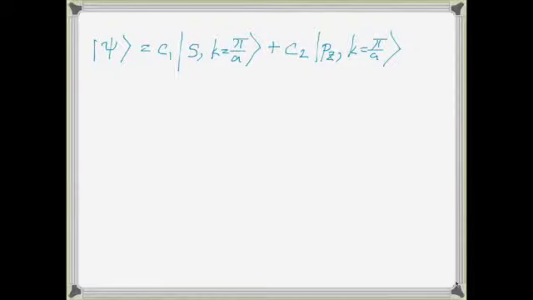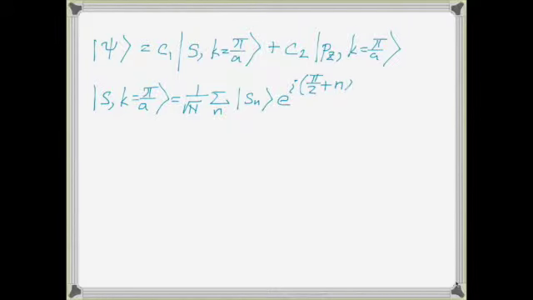And so at X, my orbitals, this is probably all we really needed to look at, k equal to pi over a. The nature of these orbitals is 1 over root N, these Bloch sums, sum over n of s_n e to the i pi over 2 plus n pi.